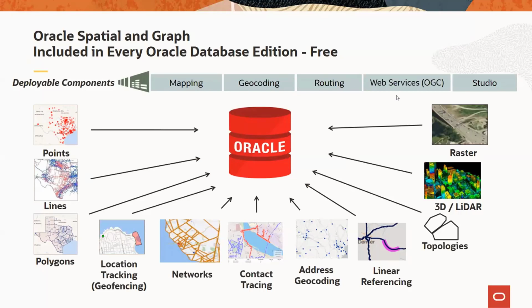So these are web services, as well as something new called Spatial Studio, which abstracts you from writing the SQL for the spatial analysis. Very easy to use interface. And what's new here is the one at the bottom that I kind of skipped over, contact tracing. So this is now part of Oracle Spatial and Graph, and that's what I'll be going over today, the new contact tracing APIs.